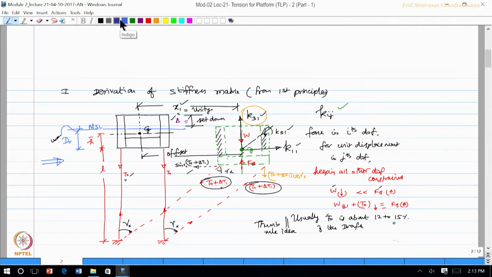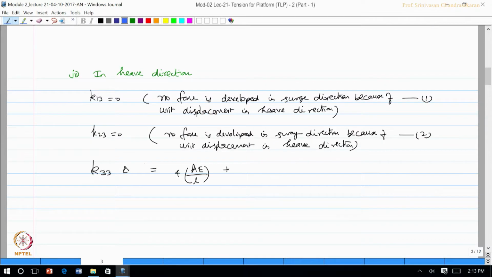For example, let us plot this MSL here. This is the amount by which extra submergence happens. So, I should say pi into diameter of the column squared by 4 into rho w into g into delta. That gives me the volume and this gives me the force, and there are 4 such legs. We call this equation number 3.